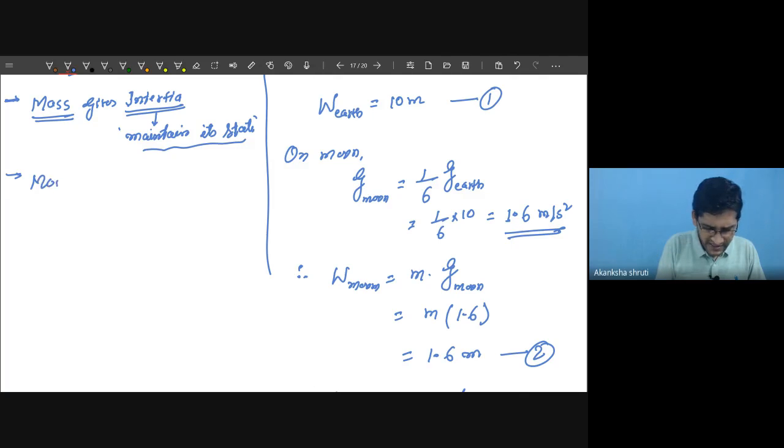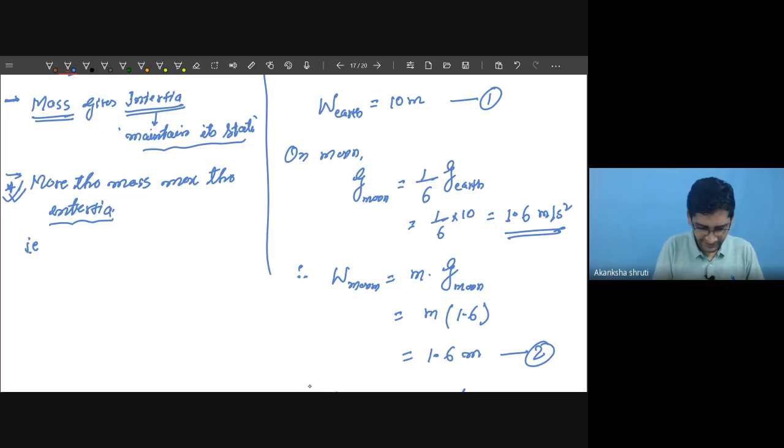More the mass, more the inertia. This is very important. So mass is a measure of inertia of a body. This we have to keep in mind.